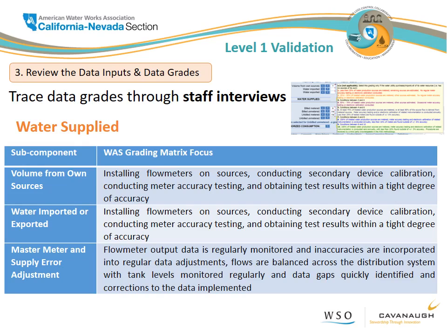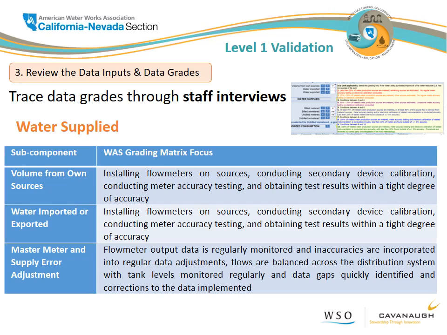We are looking for the highest data grade where we meet or exceed all of the conditions in that grade and the grades below it. And that's how we can work through step 3 for tracing the data grades, through these conversations and interviews with the individuals at the water utility who would be able to best speak to that.